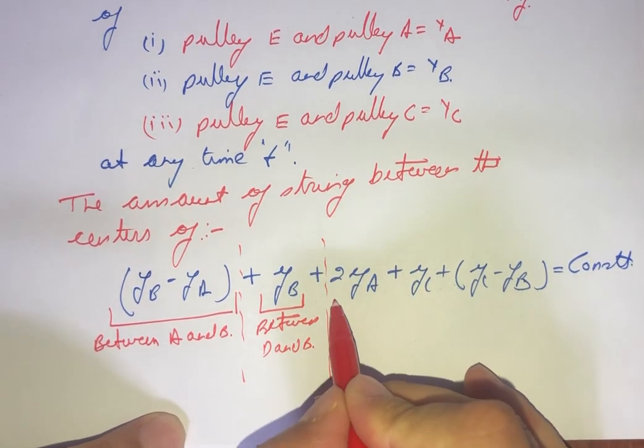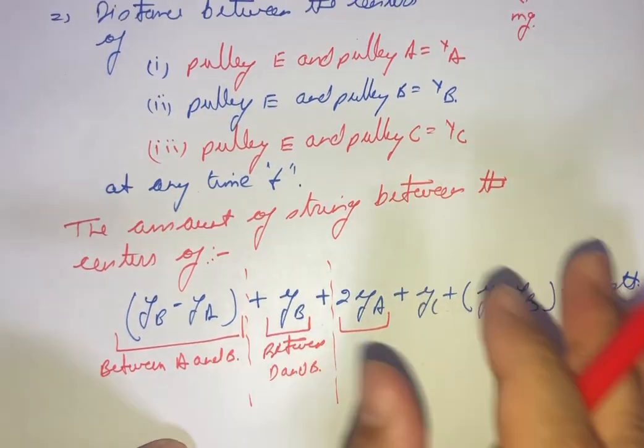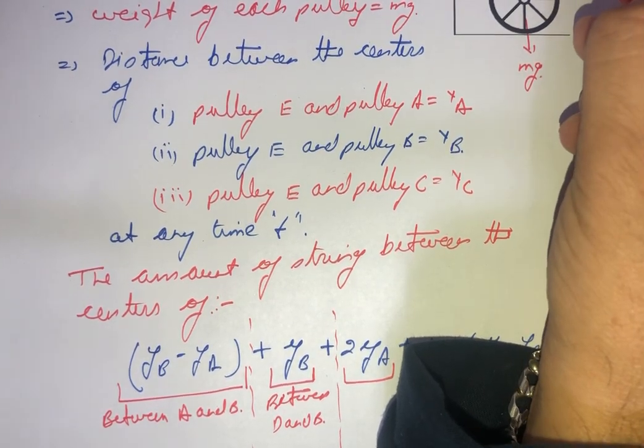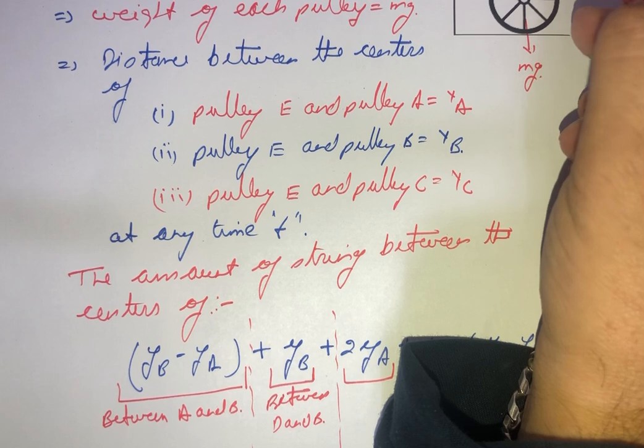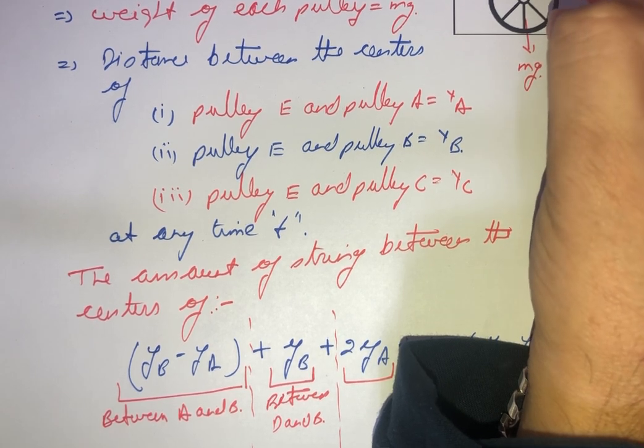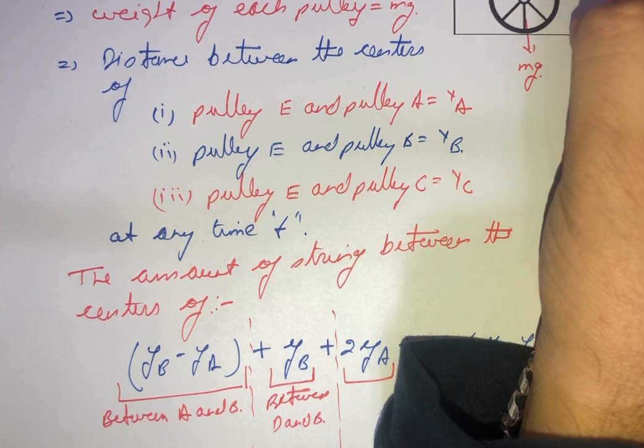Okay, next is 2YA, sorry. Now 2YA, you can clearly see this is a combination of E and A and D and A. So this string will be YA and this is also YA.